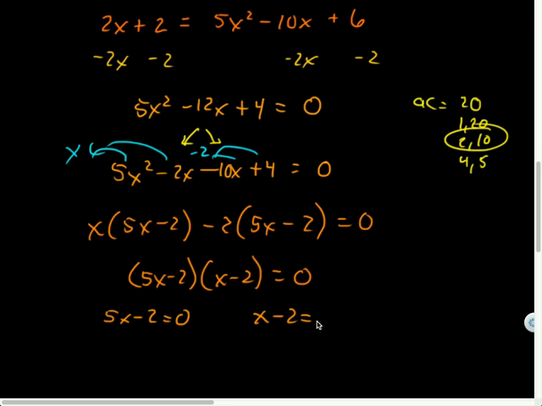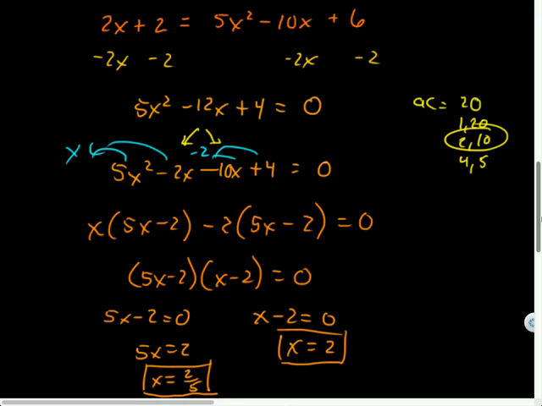Let's see. Man, I'm not writing very well today. X equals 2 is one of my solutions over here. Here I'd have 5x equals 2, so x equals 2/5, which, by the way, is 0.4. So those are my answers.